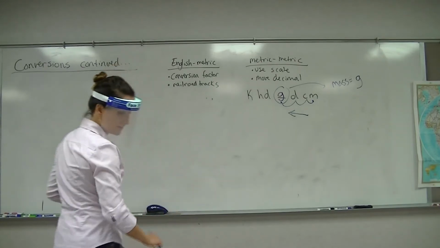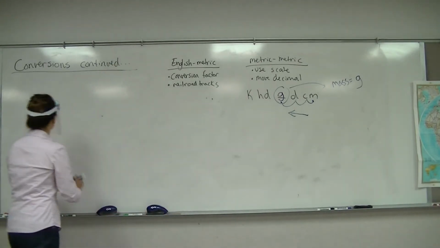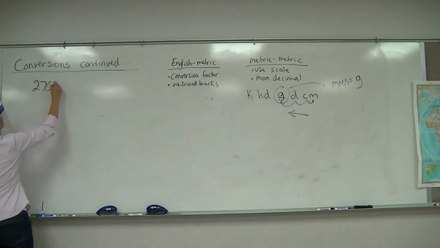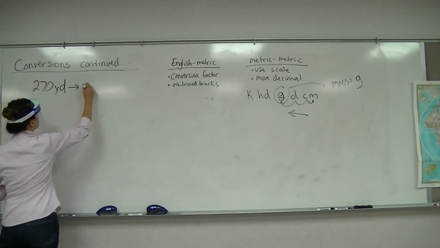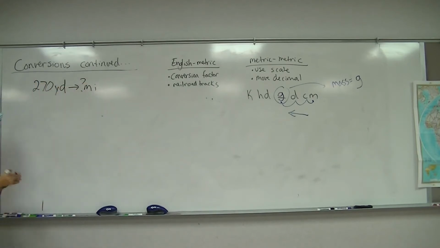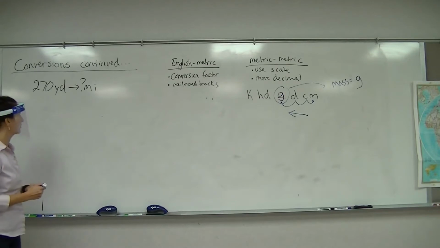All right, so 270 yards to miles. Let's try this guy. First step, what type? English to metric or metric to metric? English to metric. English to metric, there's nothing in common, no letter anyway. So what we're going to do is look up a conversion factor.